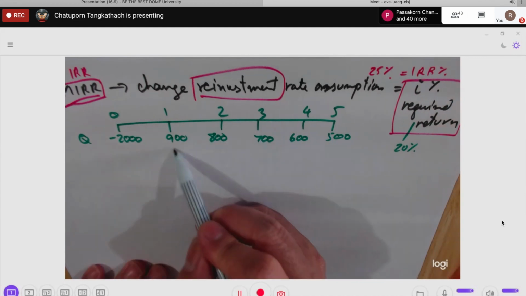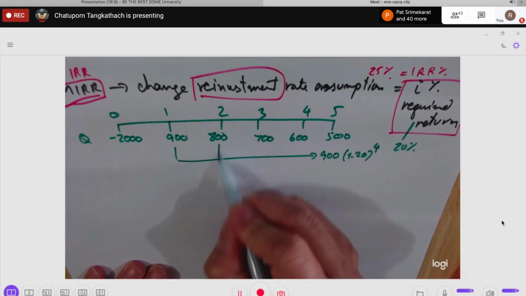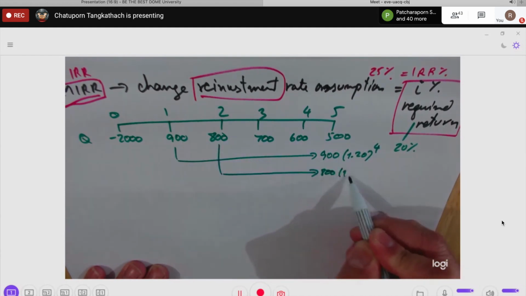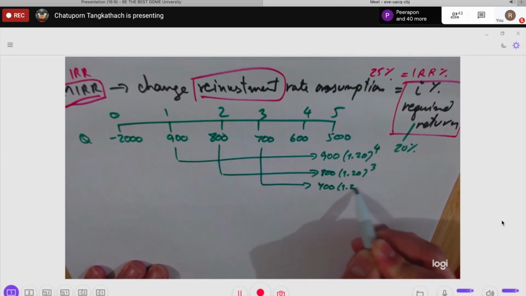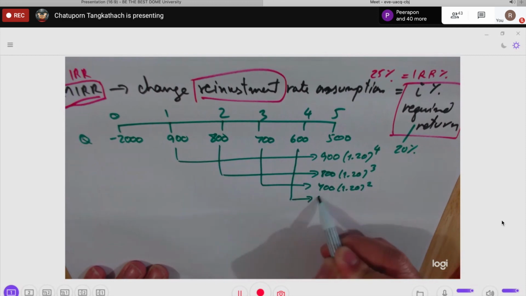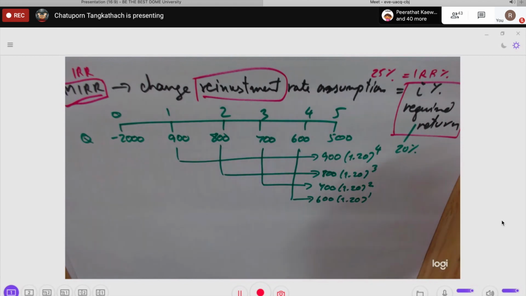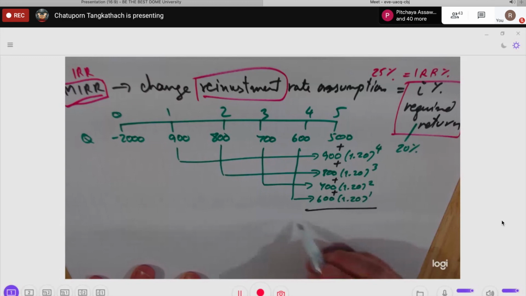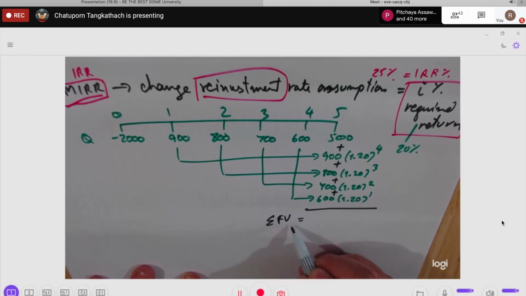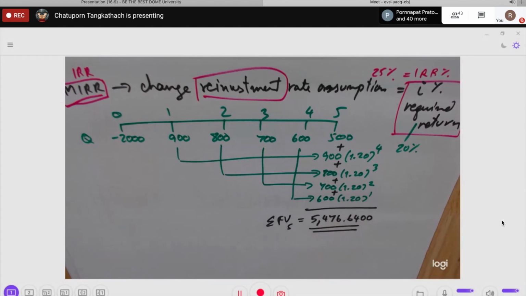Again, one by one: 900 multiplied by 1.2 to the power 4, 800 compounded for 3 years, 700 compounded for 2 years, and 600 compounded 1 year. After that, we simply sum them up, and we get a total future value of 5,476.64.